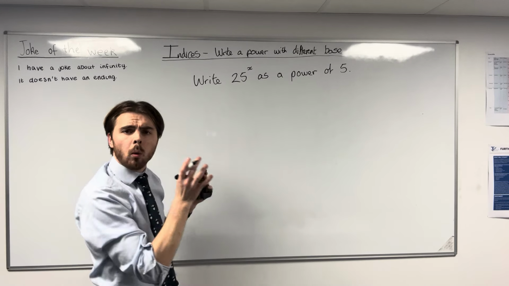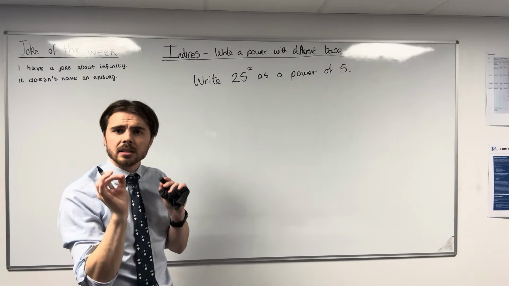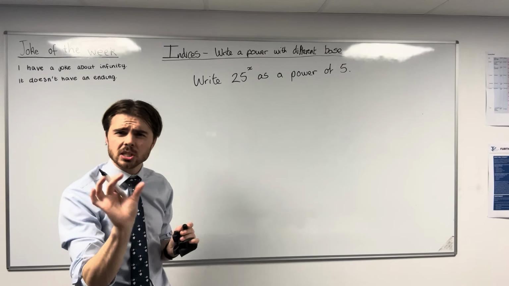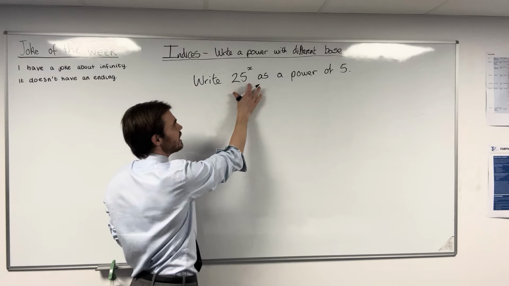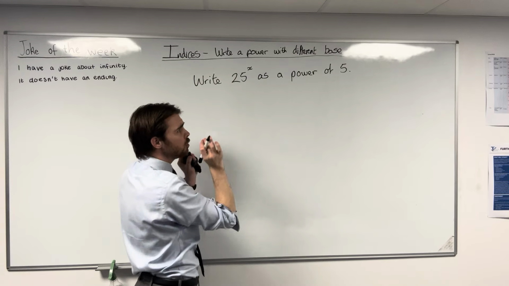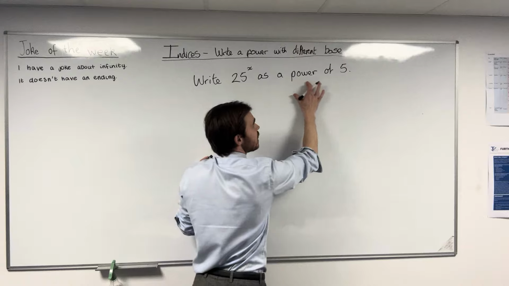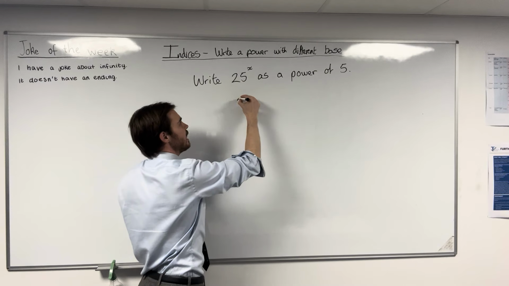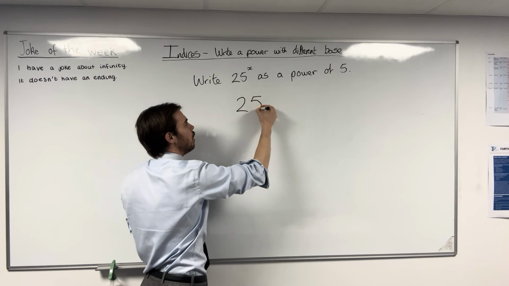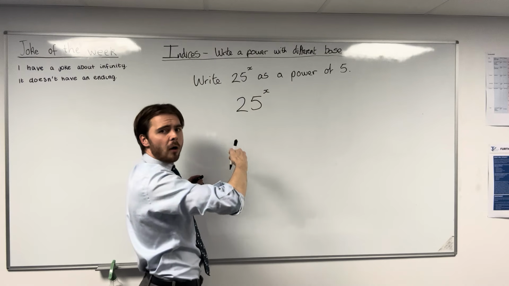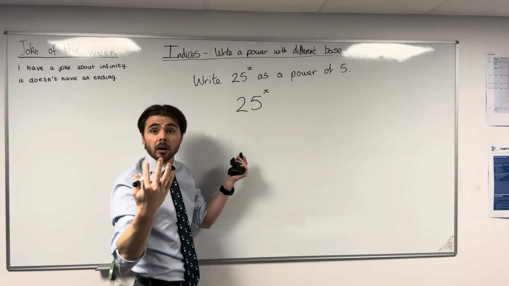Now, it's not quite the same as the questions we've just done. It's very, very similar, but it's just slightly different. What you do, you take this, and we've got to express it as 5 to the power of something. That's what this last sentence means. So we take this and we're going to alter it until it becomes 5 to the power of something.